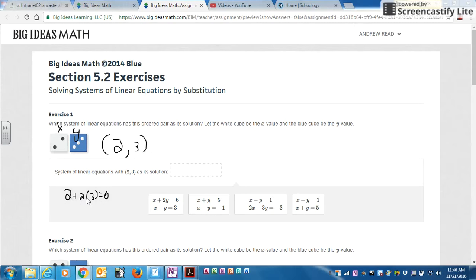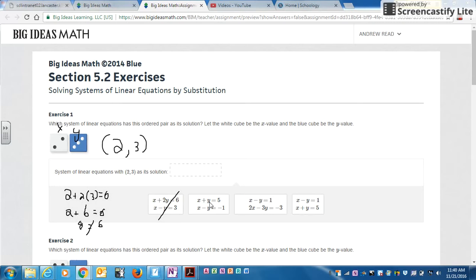Okay, so 2 times 3, I do parentheses first, that's 6. 2 plus 6 equals 6. And you don't even need to write this last step, actually, because you can tell that 2 plus 6 is not going to be 6. So 8 does not equal 6, so therefore this is not the correct answer.